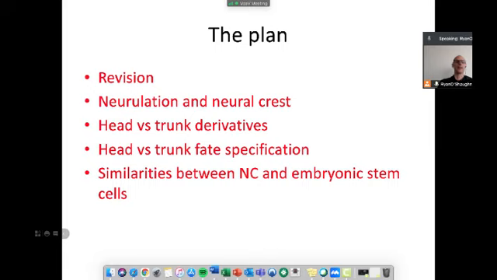And then lastly, we looked at key similarities between neural crest cells and embryonic stem cells, or stem cells derived from the blastula, and how neural crest cells may continually have the capability to form all the three different germ layers, so the ectoderm, mesoderm, and endoderm.